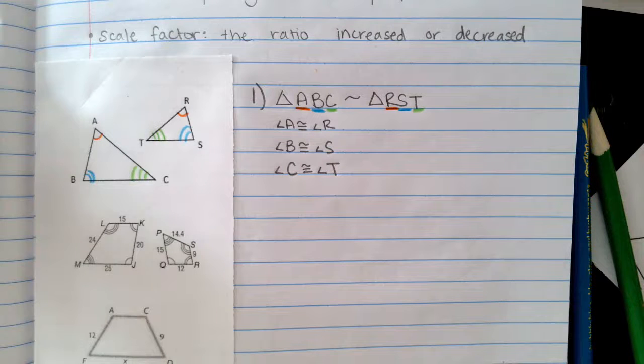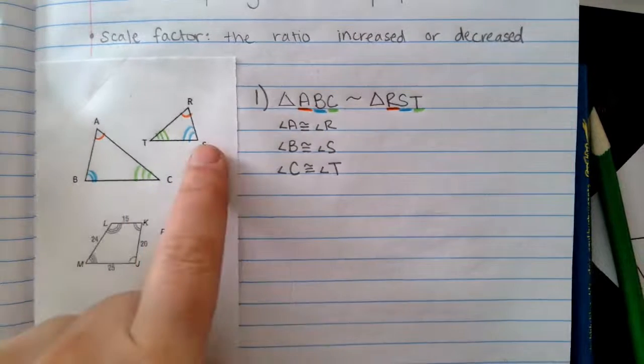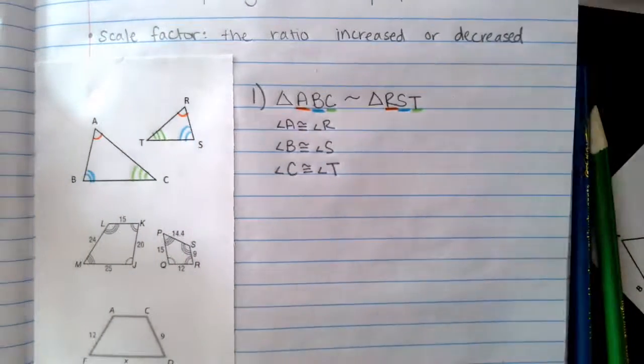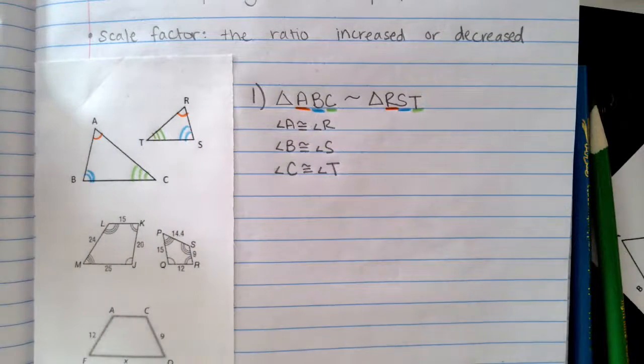So if I start from AB and I compare that to the other triangle, what side on this triangle lines up with AB? RS, because it's between the orange and the blue. That's made from the other sides. So now I'm going to name another side from this triangle.